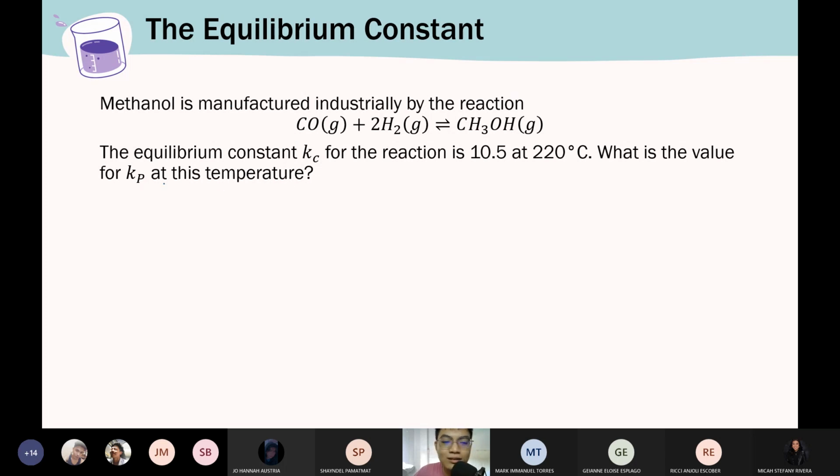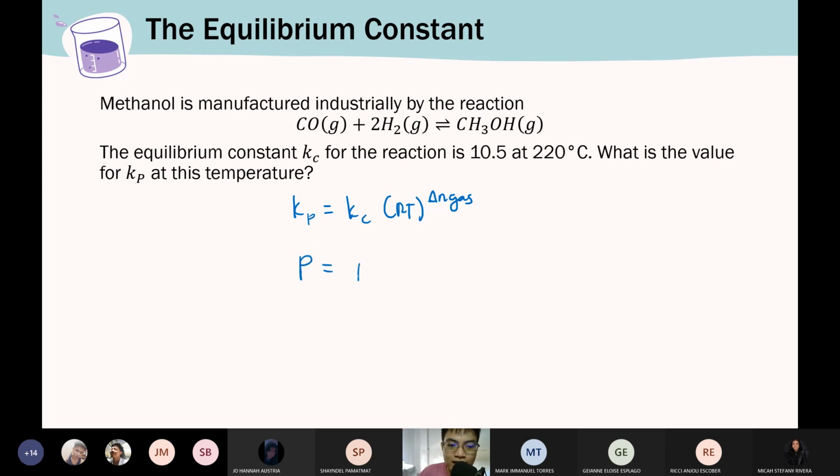So, Kc, Kp, madali lang yan. The equation is Kp equals Kc (RT)^Δn gas. Okay? By the way, baka malito kayo, baka mamaya mapagpalit niyo yung Kc and Kp. Nangyari yan sa mga student ko dati. Meron akong ilang student na napagbabaliktad nila, ginagawa na Kc, Kp. So, ano na lang isipin niyo?